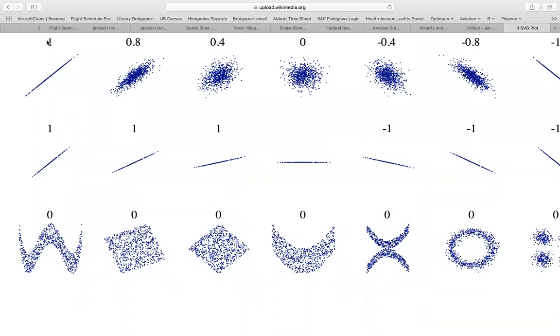However, in the real world, in nature, you will never see a correlation of 1 or of -1. That means that you're looking at the correlation of something with itself. How does age correlate with age? Well, it's the same thing. So that's what a correlation of 1 means.